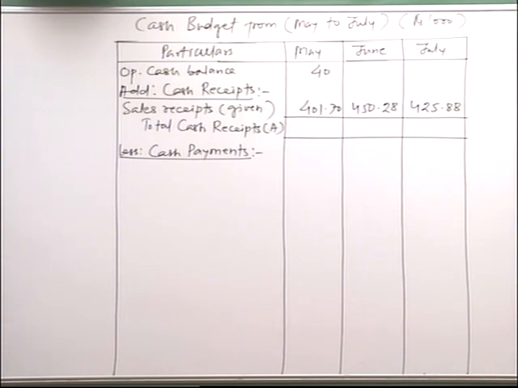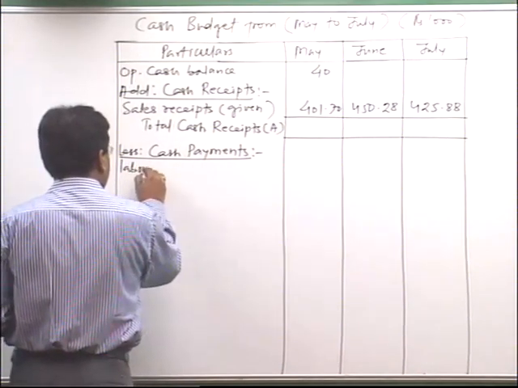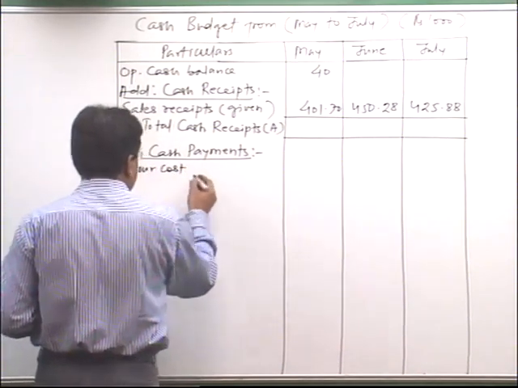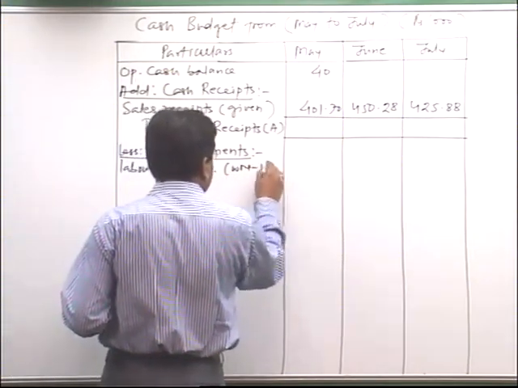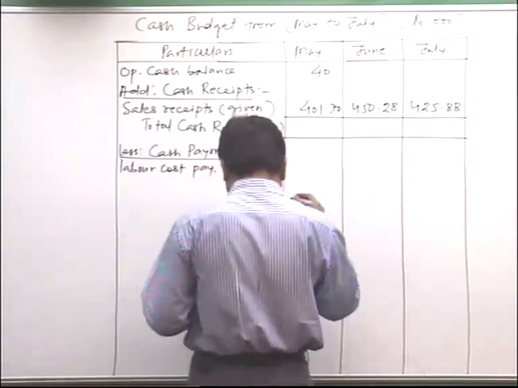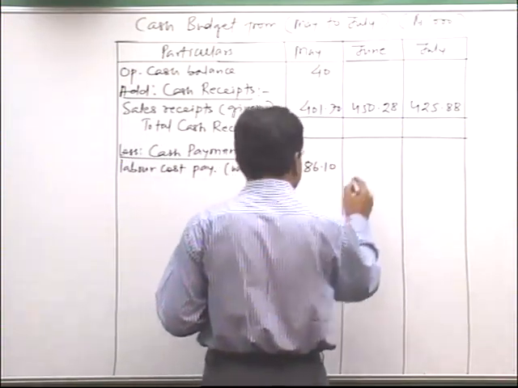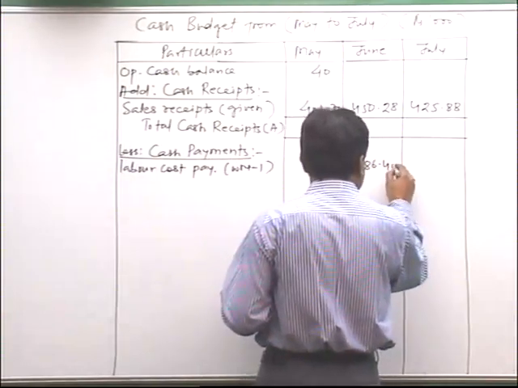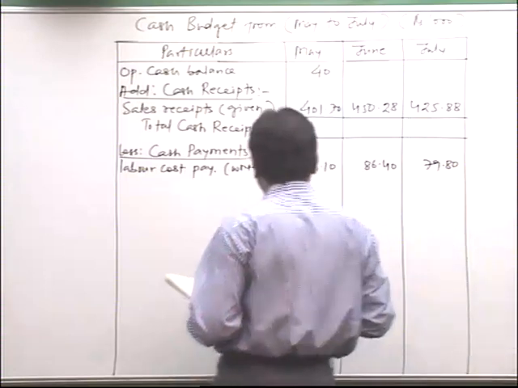If you see working note 1, you will find the first is labor cost payment. It is 86.10, 86.40 and 79.80.